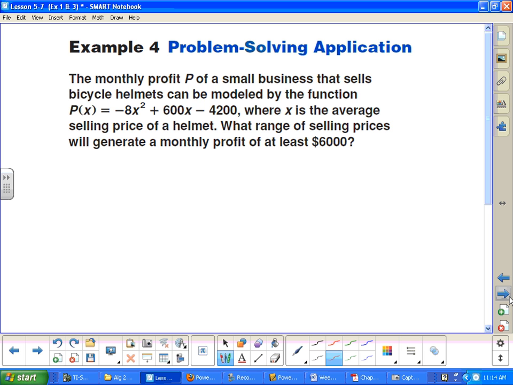The monthly profit of a small business that sells bicycle helmets can be modeled by this function, where x is the average selling price of a helmet. What range of selling prices will generate monthly profit of at least $6,000?